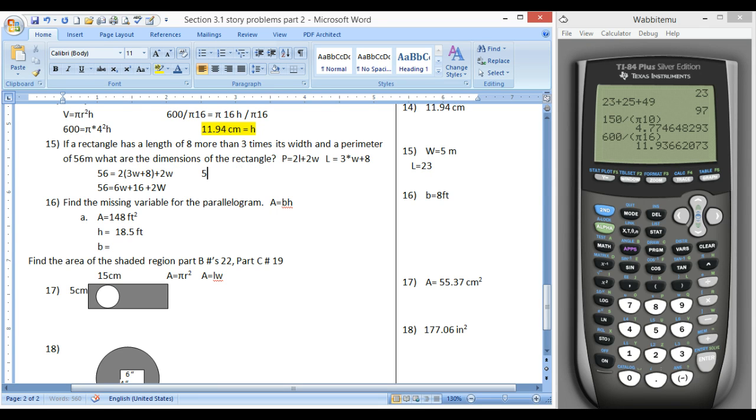Now I have 56 equals. On the right hand side, I can go ahead and combine those to give me 8W plus 16. And now I need to isolate the variable. So the first thing I need to do is the order of operations backwards. So I need to get rid of the 16 first because it comes at the end, and then multiplication.